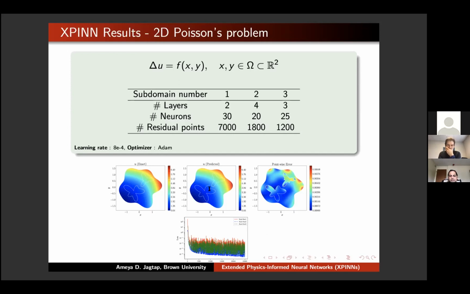We just use here 100 points along both interfaces. But if we increase the interface points, we observe that we get much lower error here. So that's the loss function for subdomain 1, 2, and outer subdomain 3.